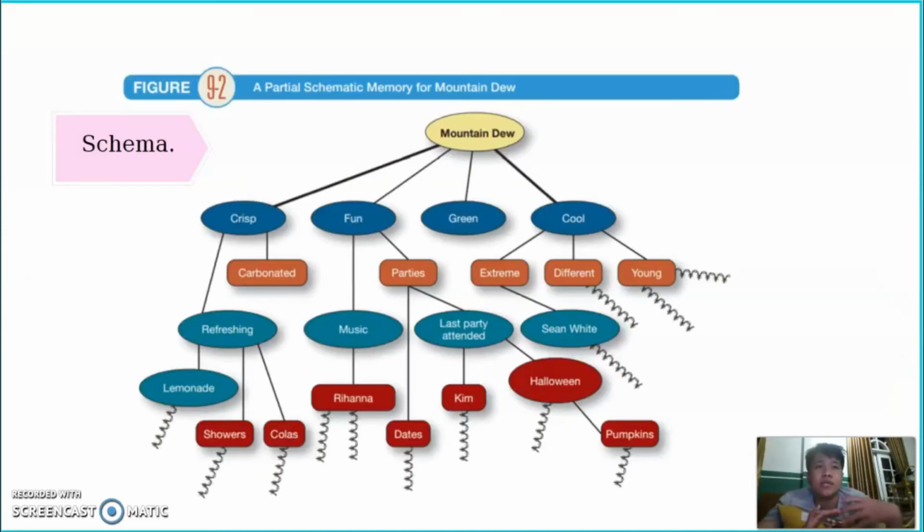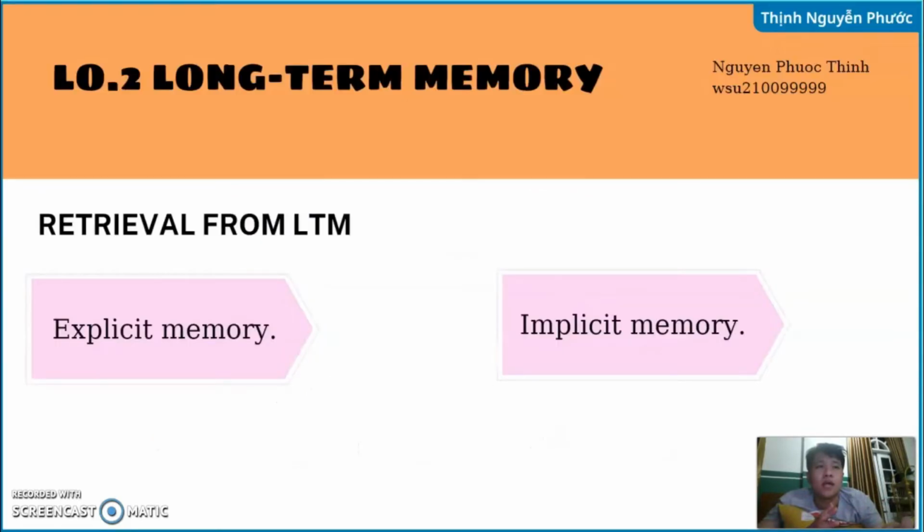So here's how the schema works, with many steps, and the bigger consumes the smaller. And here we have retrieval from the long-term memory, that is explicit memory and implicit memory, and Luan will take the next part.